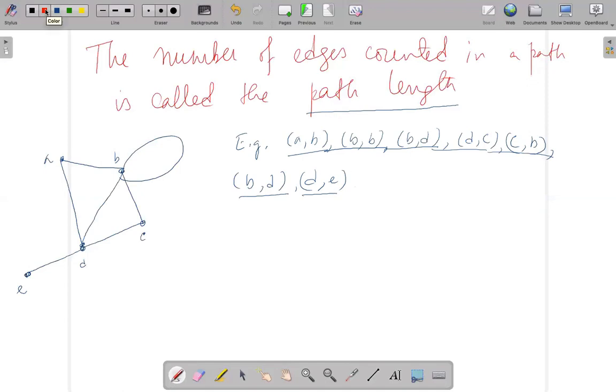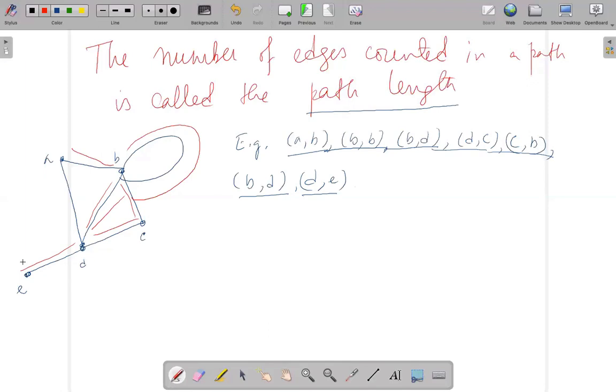So you can trace the path. This is an example of a path in this graph.